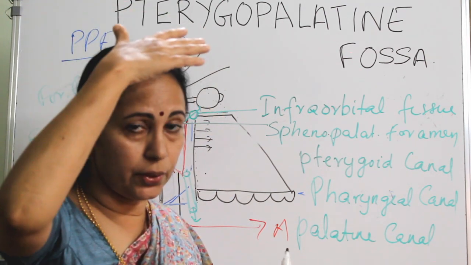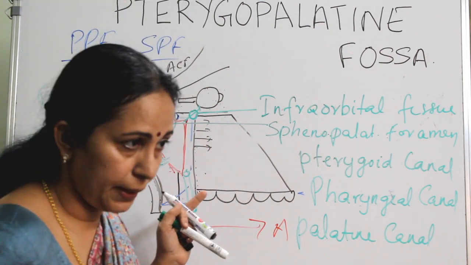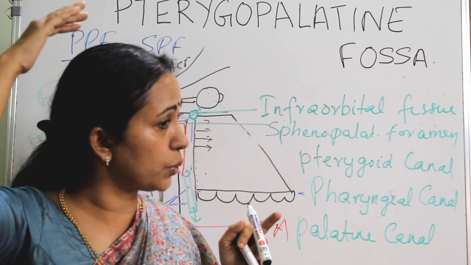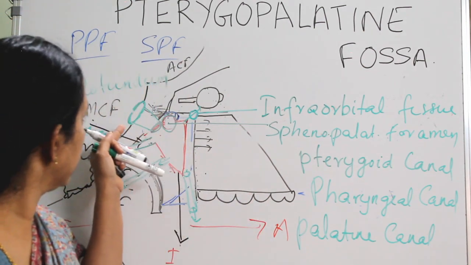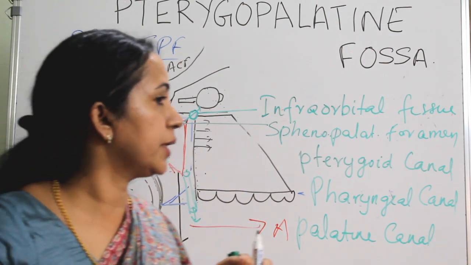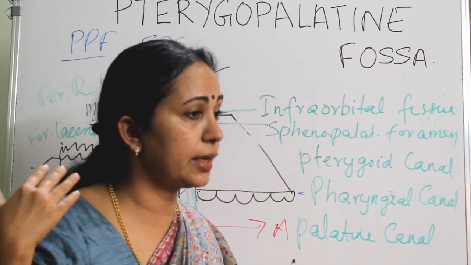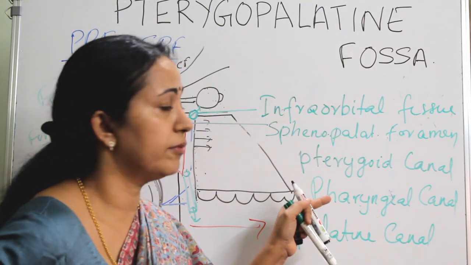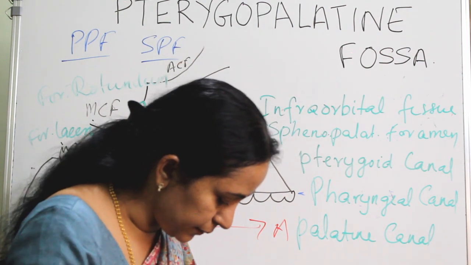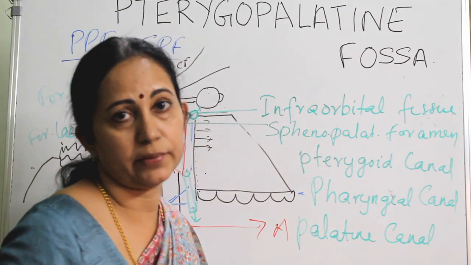Superiorly I have the body of sphenoid, and posteriorly I have the pterygoid plate, and I can communicate with the middle cranial fossa, situated superiorly, through the foramen rotundum. Also I communicate posteriorly with the foramen lacerum through the pterygoid canal, and inferiorly I have the pharyngeal canal. And if I look downwards, through the palatine canal I can go into the oral cavity.